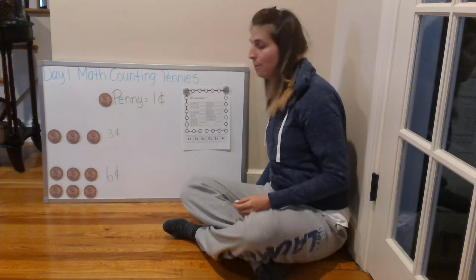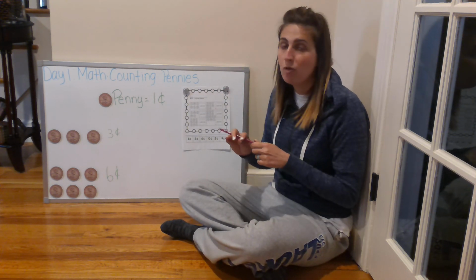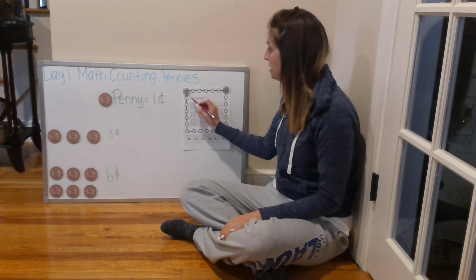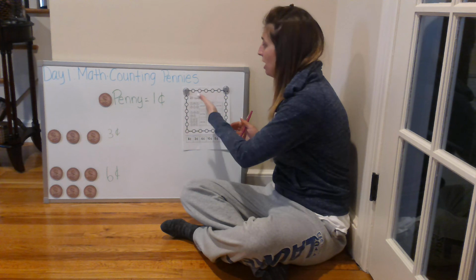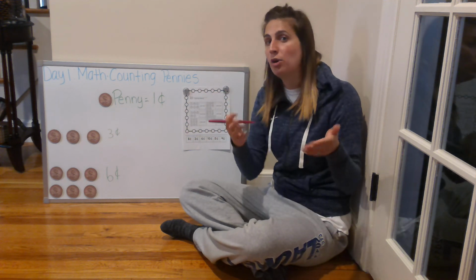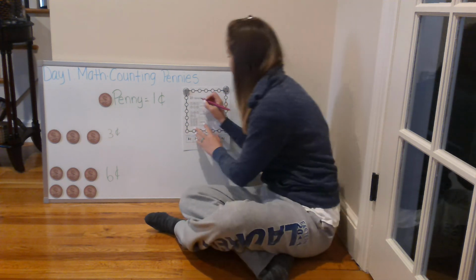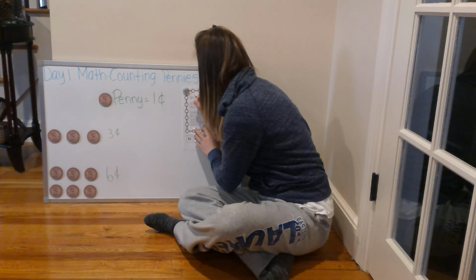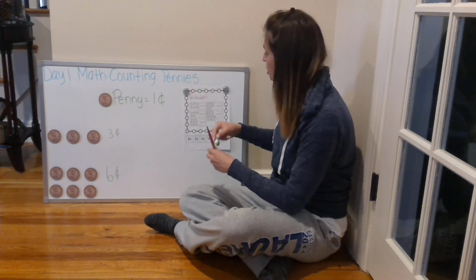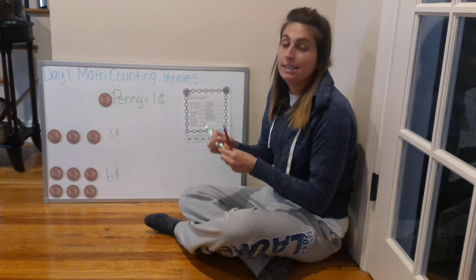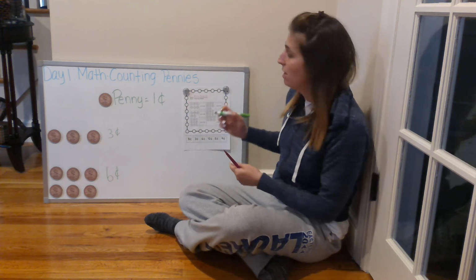So the first step, like we do for any type of worksheet or work that we're doing, where it says name, we're going to be putting our first and last name. So as I do that to my paper, you can write your first and last name on your paper. And if you wanted to practice writing the date, today is April 14th, 2020.